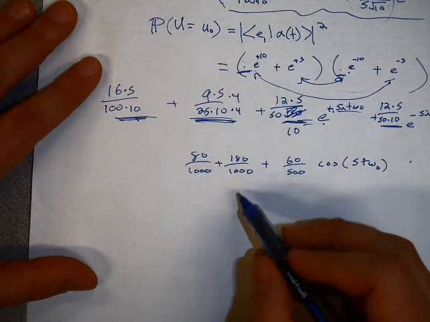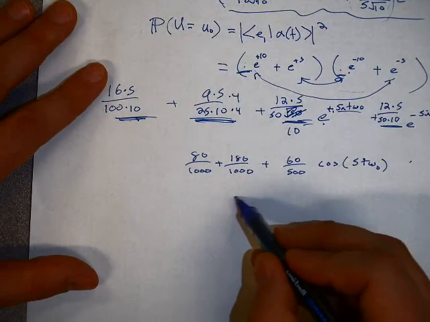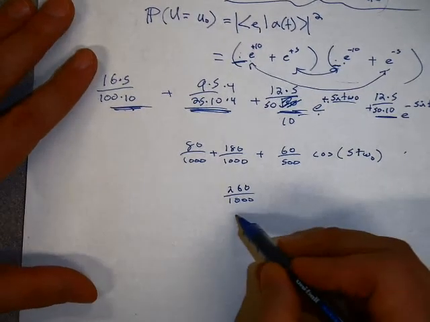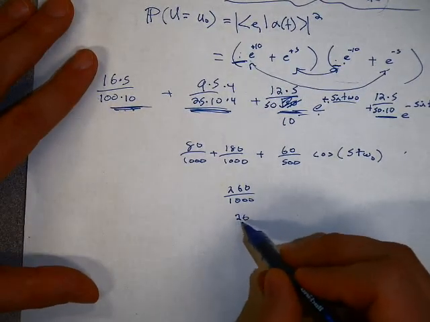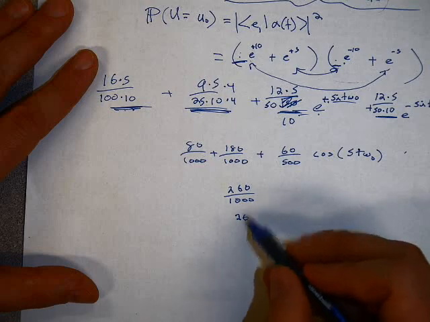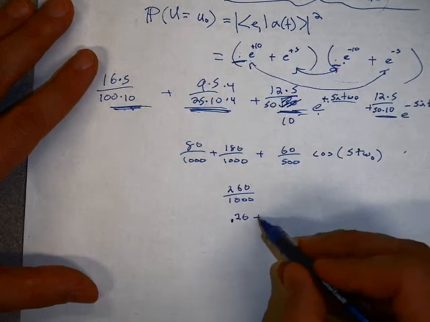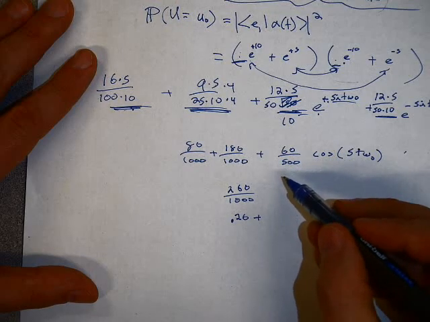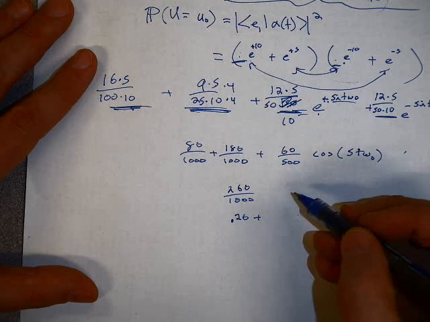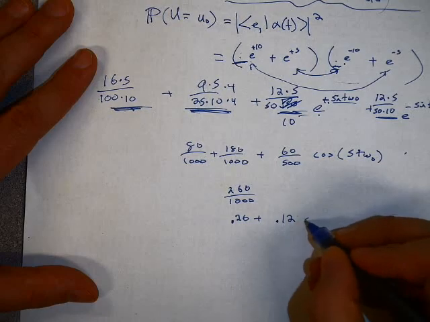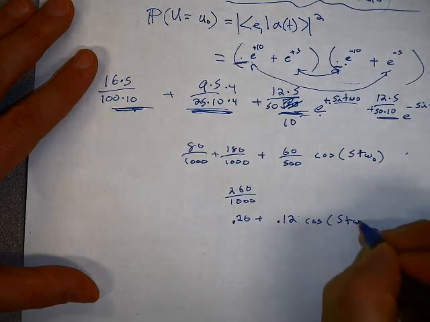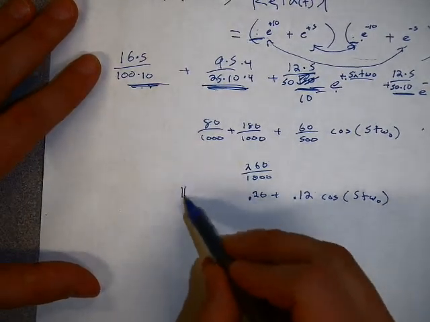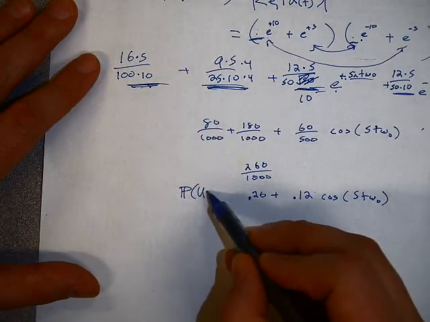All right, and let's just check and see. 80 plus 180, 260 over 1,000. So 26, that's 0.26 plus this is 120 over 1,000. So that's 0.12 plus 0.12 cosine 5t omega naught. So that is the probability of getting u equal to u naught.